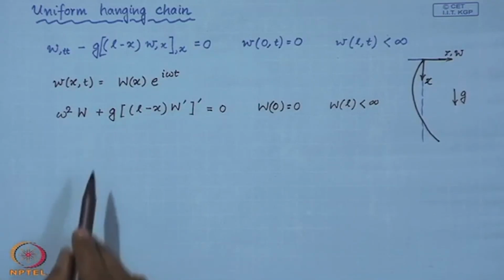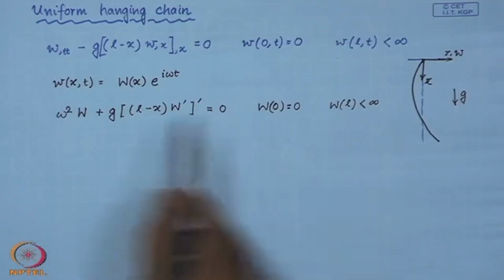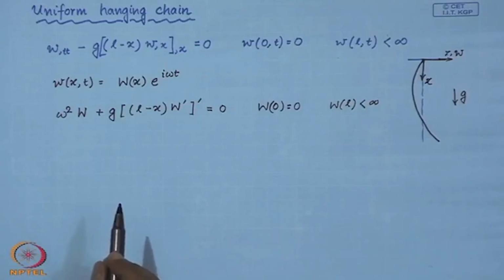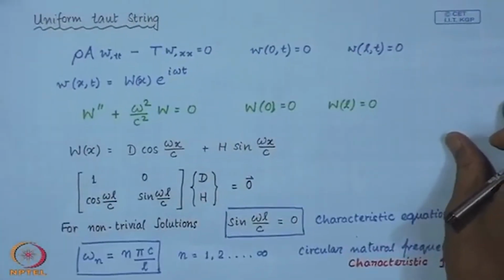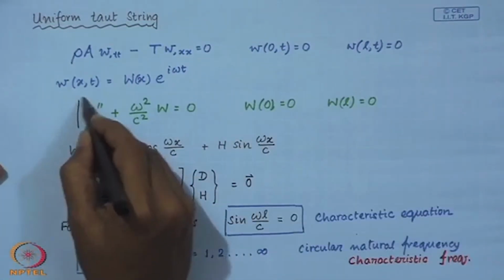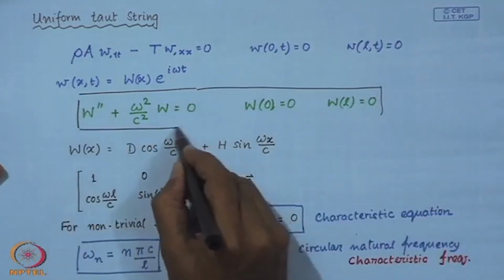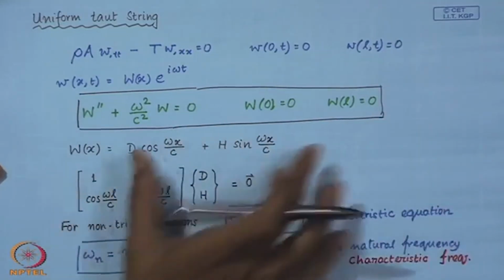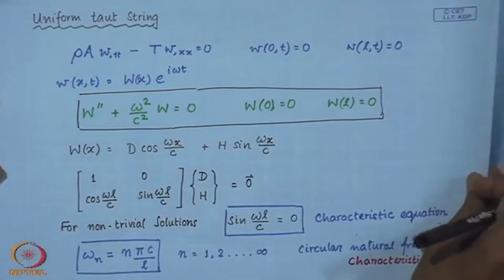Now, in the case of a uniform taut string, we obtained the equation previously. After substituting the solution structure, we obtained a differential equation and boundary conditions.